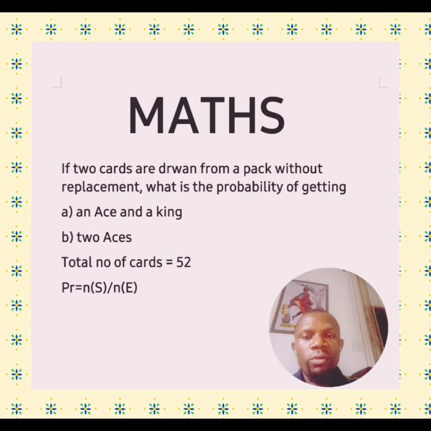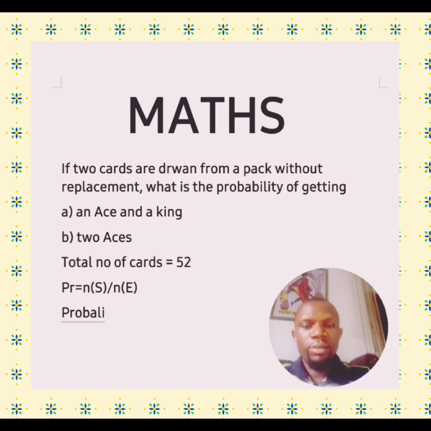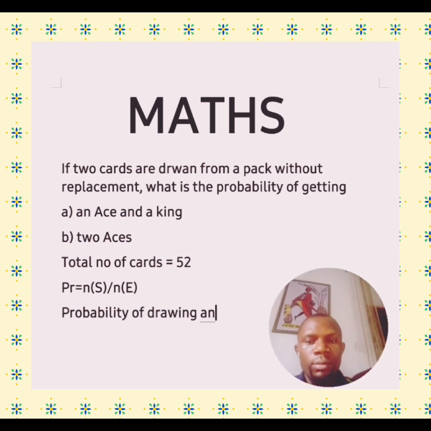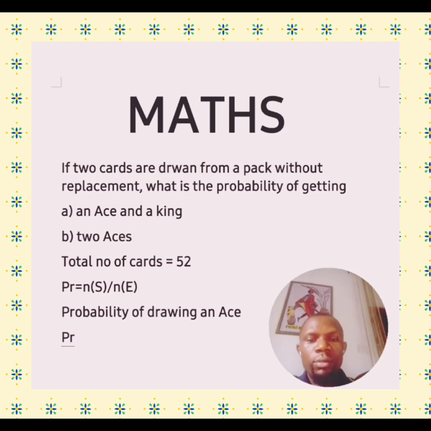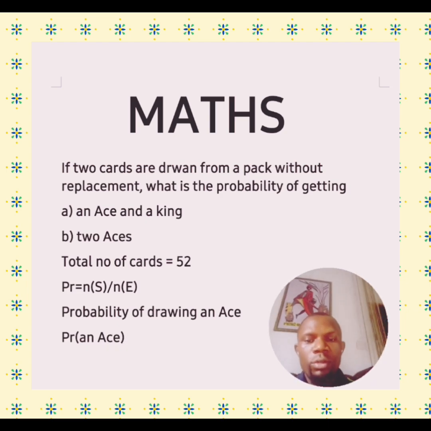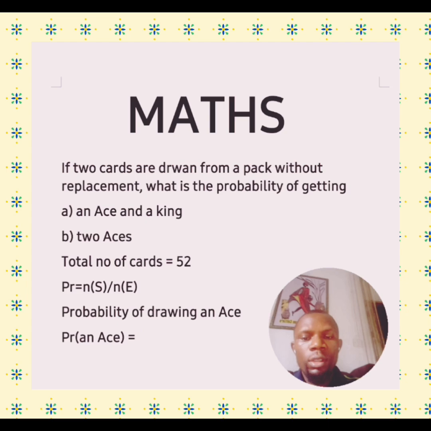So this is my formula: probability is the number of required outcomes divided by the total number of possible outcomes. So what is the probability of drawing an ace? You know that in a pack, there are 4 aces.